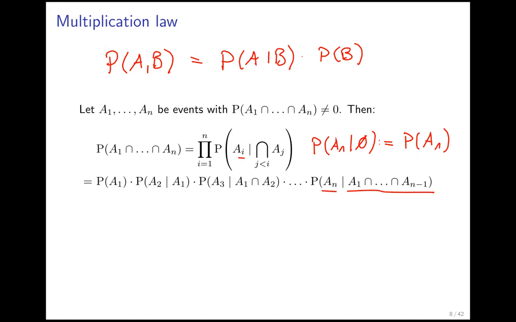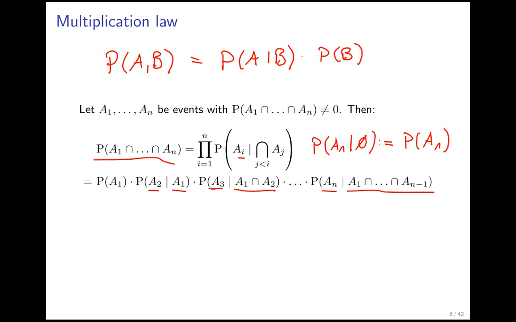And we do this with all sets, and we end up with A3 conditioned on all the previous ones, which is A1, A2, and A2 conditioned on all the previous ones, which is just A1, and also A1 conditioned on all the previous ones, and by the convention we just made, this is just the probability of A1, because there's nothing left to condition on.